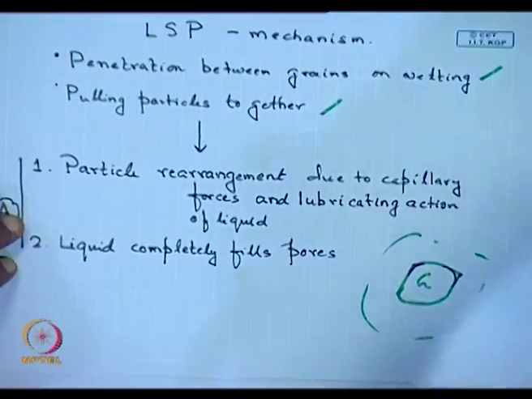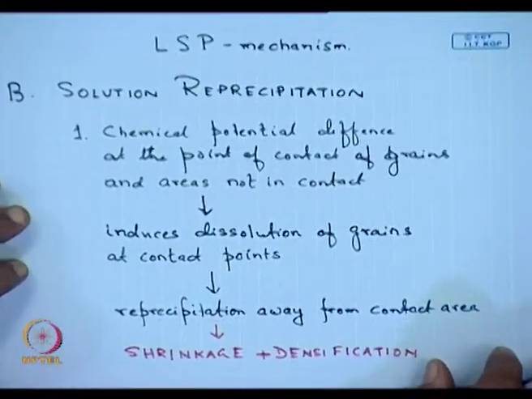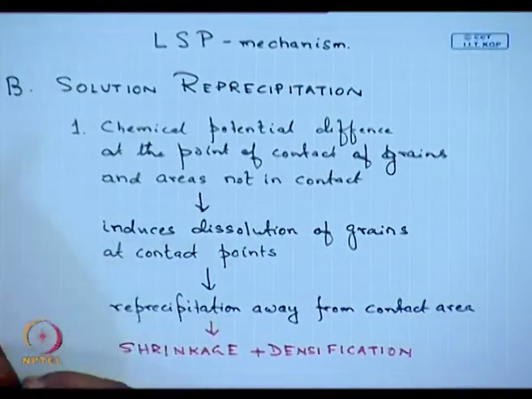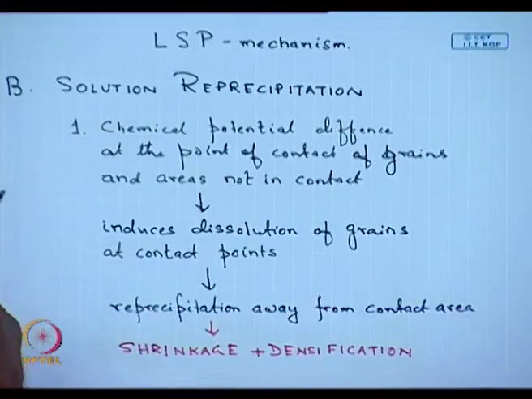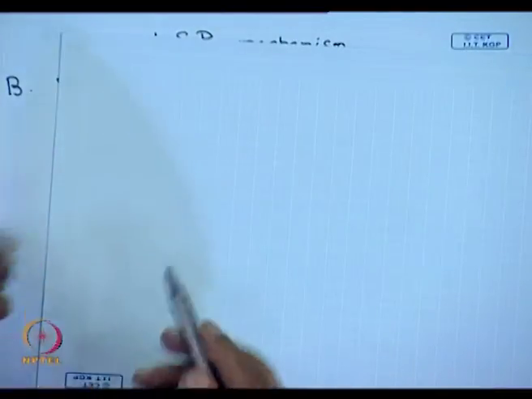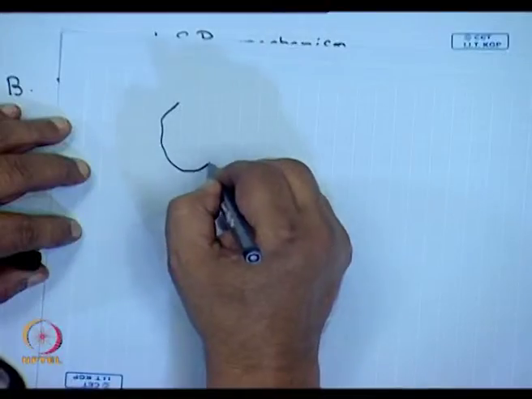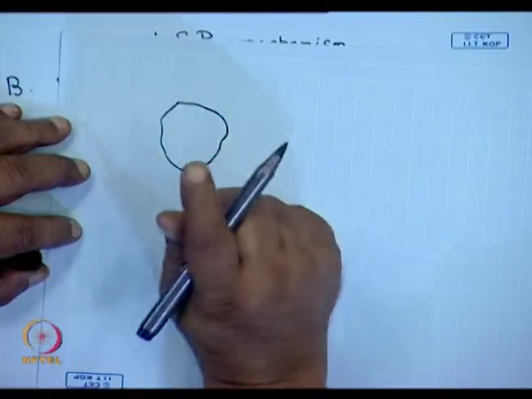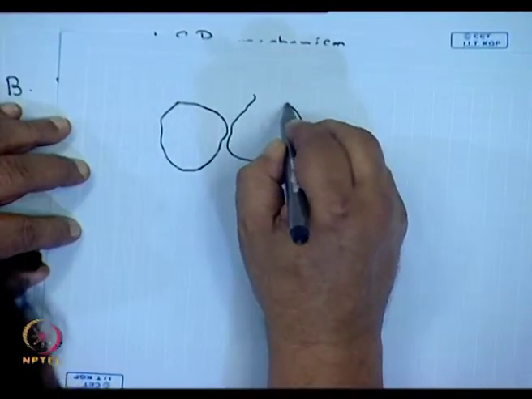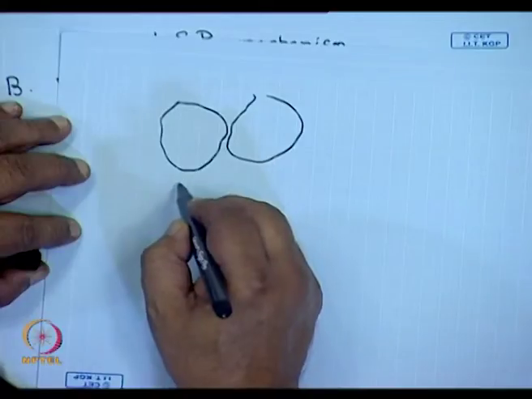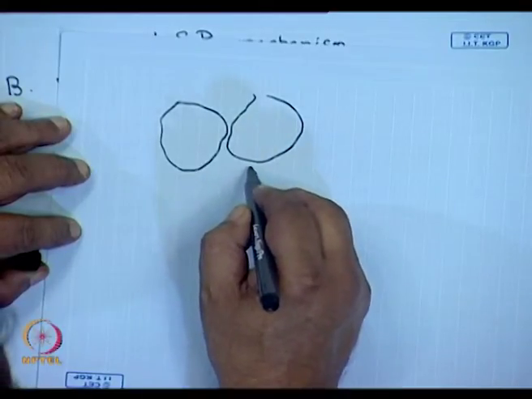In the next stage, a variation of what I had drawn earlier, let us presume liquid has been formed, and let me draw 4 grains.